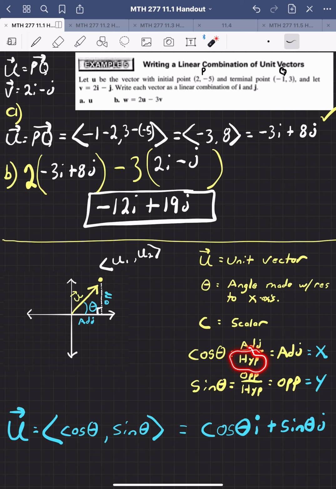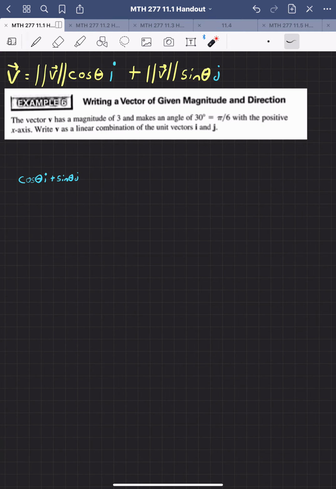Does it now make sense, though, if your vector is not a unit vector? If your vector has a length greater than 1, then you're going to have to account for the fact that its magnitude is not equal to 1. I hope that makes sense.